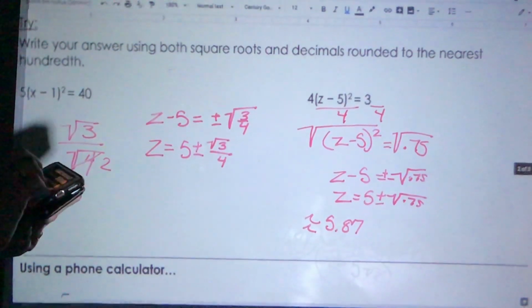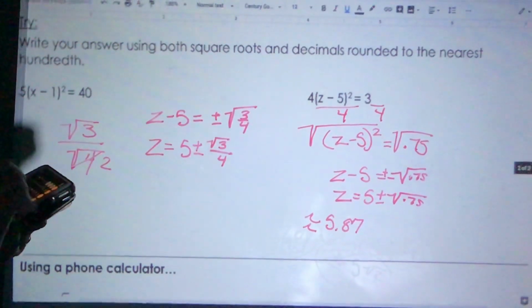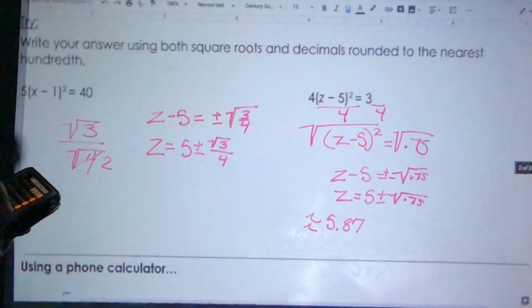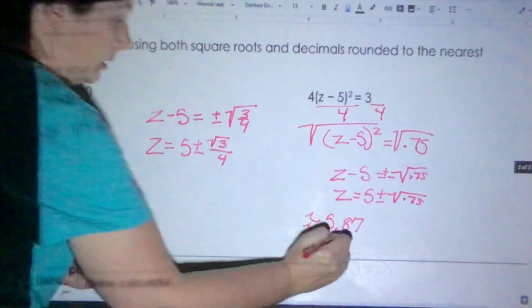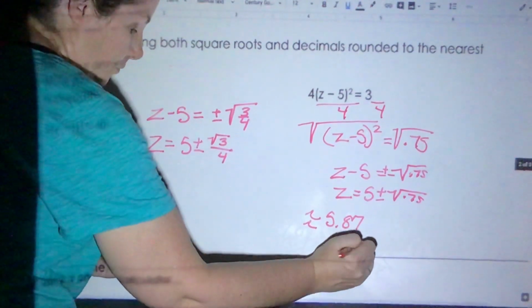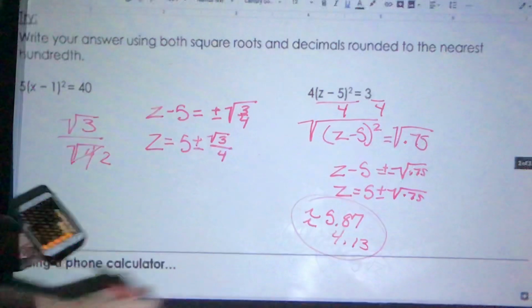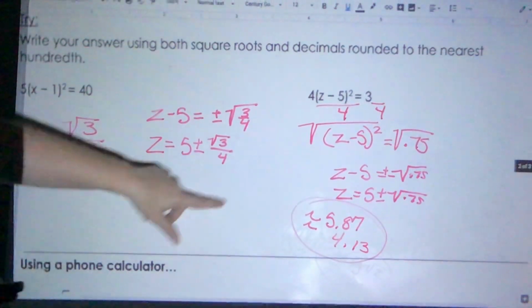Now I'm going to do 5 minus the square root of 0.75, which equals 4.13. So those would be my 2 decimal approximations for this.